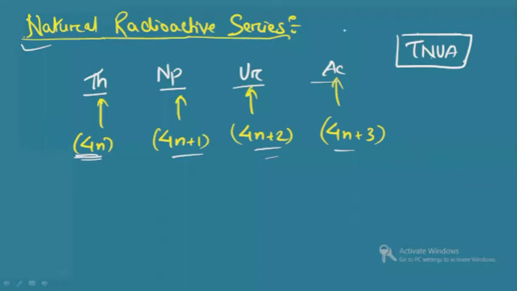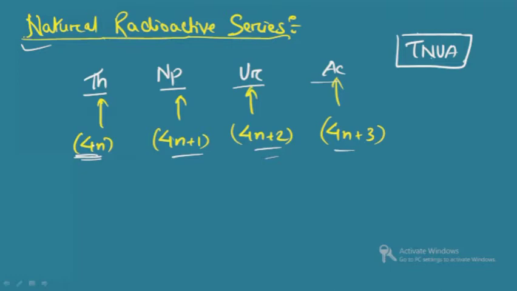Now, one more thing that you have to note in this natural radioactive series is the mass numbers. You can see there are only 4 series, right? And the mass numbers of successive members differ by 4 units. Why do they differ by 4 units?